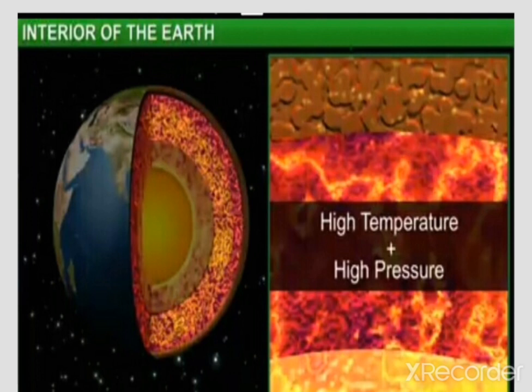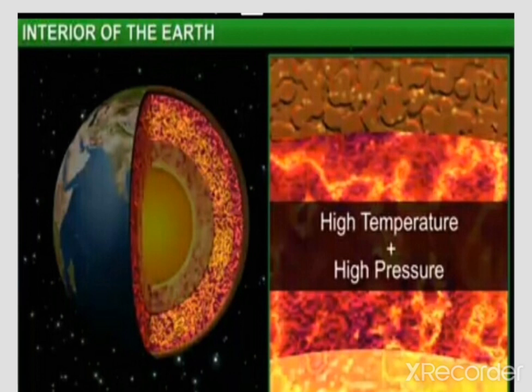Again, the same reason: high temperature and high pressure is located in this layer. Because of that, as we move deeper in the mantle layer, the density of the material increases.